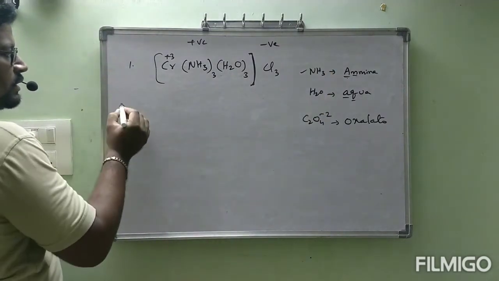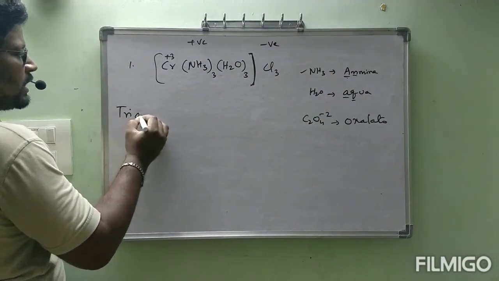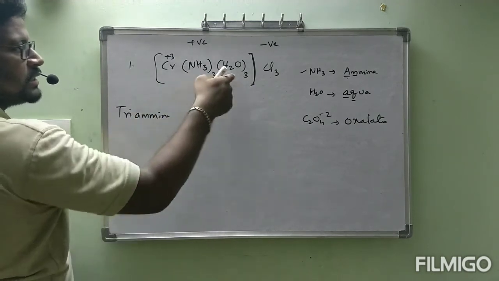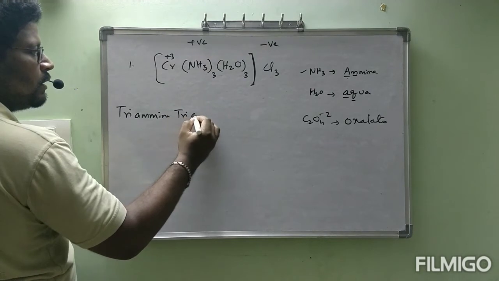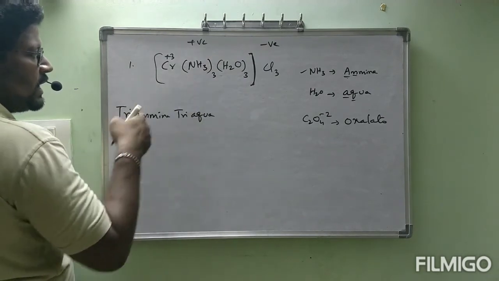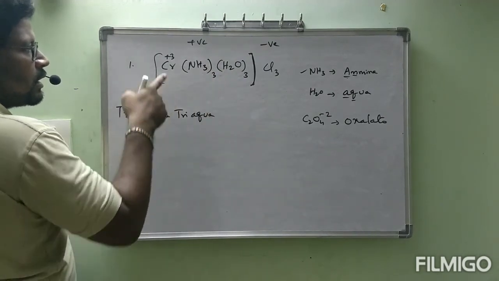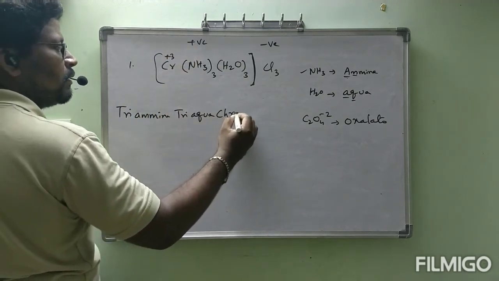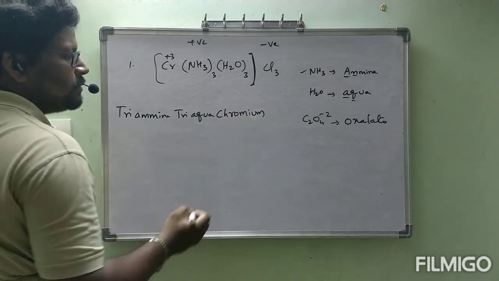So let us write: triamine first, next triaqua. Triamine, triaqua. Chromium is present in which complex? Positive complex.